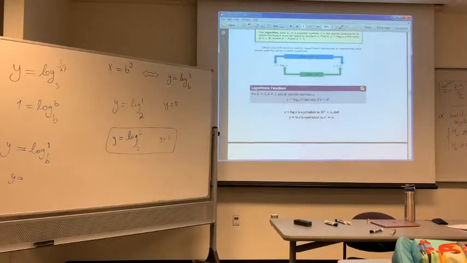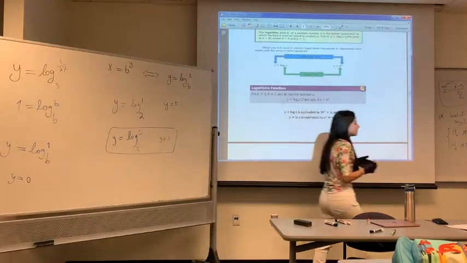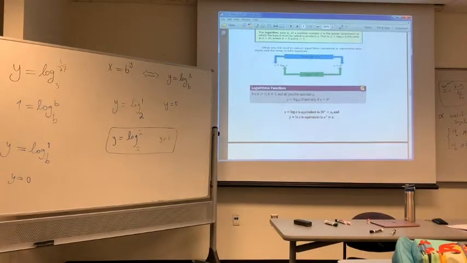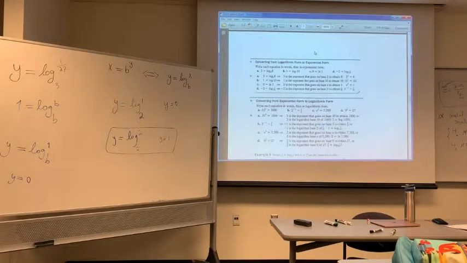Log 1 base b. 0. B power 0 is 1, right? Yes. So, correct?